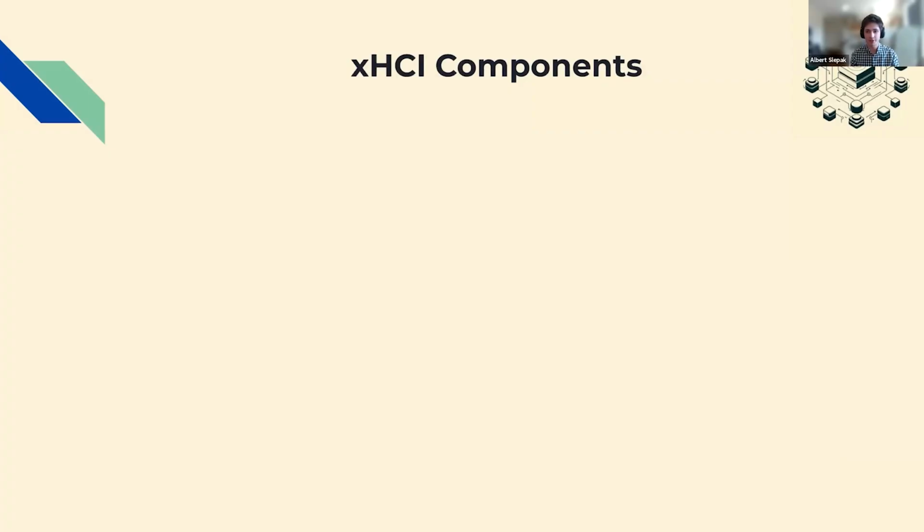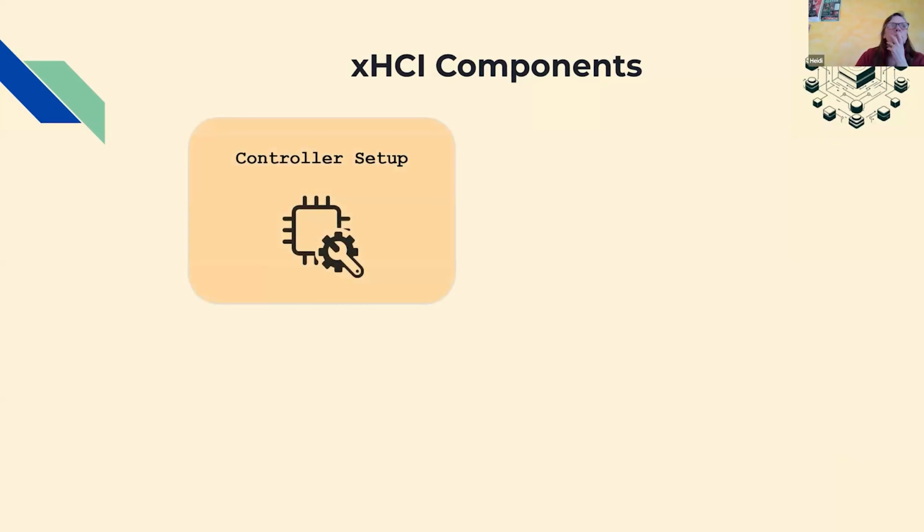So let's talk about the xHCI components and what the series looks like. From what I've learned, there are 4 major components of the xHCI and how to approach it. First, there's the controller setup. Once you boot the computer, once you press the power button and the BIOS boots up, it takes control of the controller and has its own xHCI driver, actually.